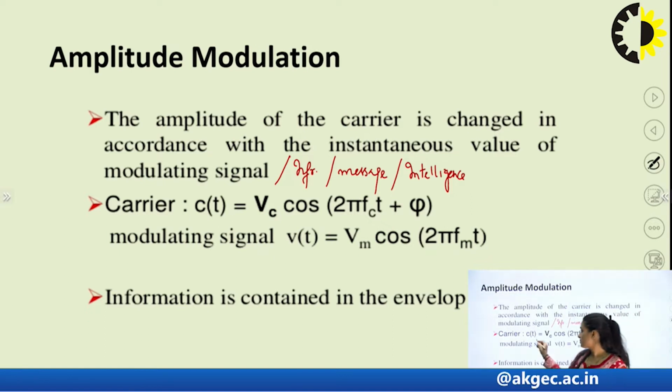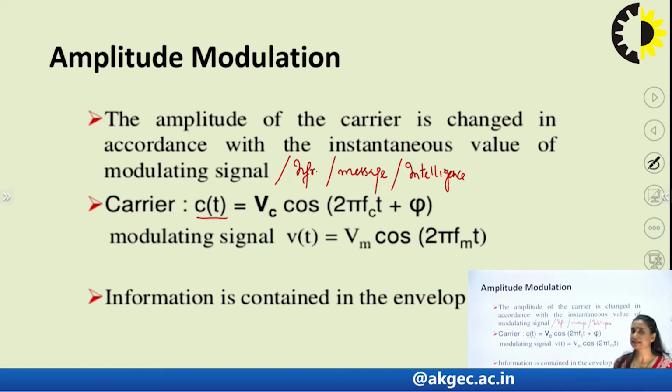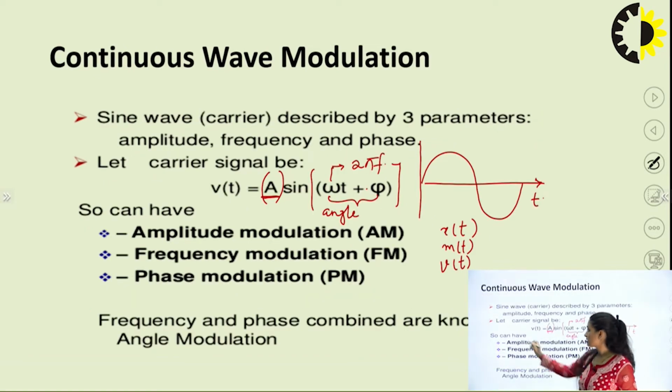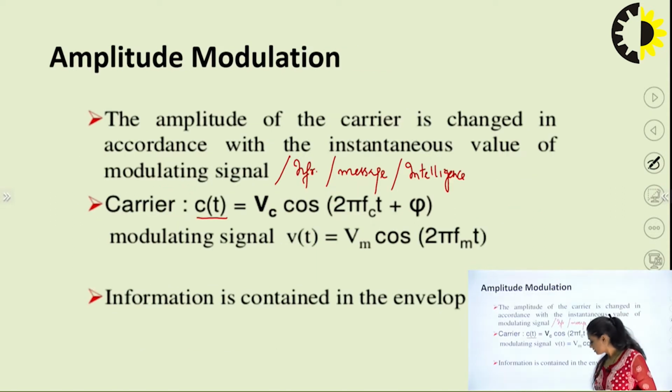Let's suppose I represent my carrier wave with the notation c(t), so that we remember it. As my message signal will always be a voltage signal, it will be easier for me to denote it as v(t), as I have represented in the previous slide. Let this be the message signal, and my carrier wave would be represented as c(t). c(t) will be equal to Vc cos(2 pi fc t plus phi).